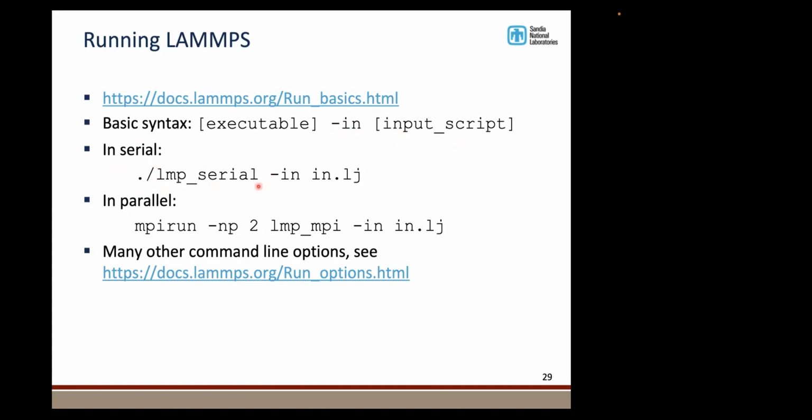You would execute that -in, and then in.lj is just a standard Lennard-Jones benchmark. In parallel, you would do mpirun, specify the number of processors, and then the same LAMMPS run command. There are many other command line options, and you can look at those in the documentation here.